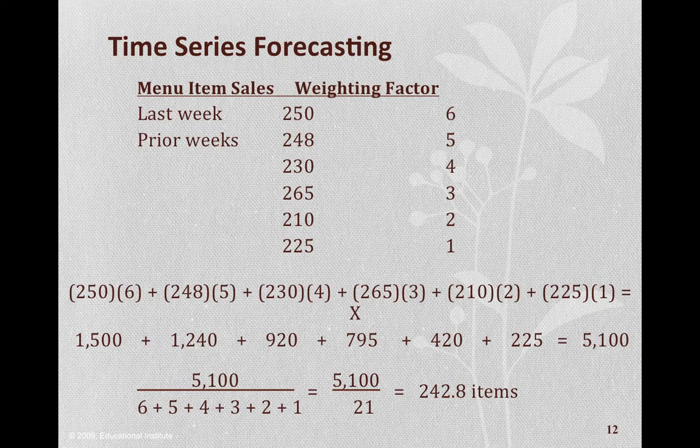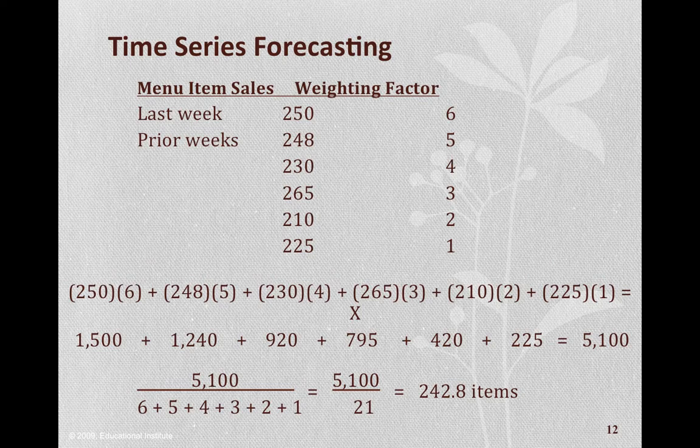So to calculate any sort of time series forecasting, you multiply it by the weighting factor, and you can see that below. 250 times 6 plus 248 times 5 plus 230 times 4, and so on. You add up all of those numbers, 1500 plus 1240 plus 920 plus 795 plus 420 plus 225, and you have 5010.